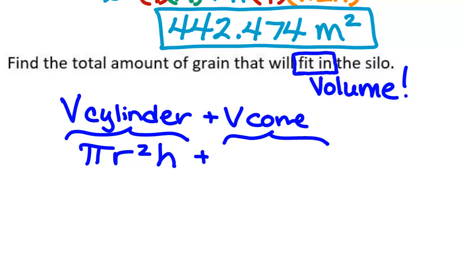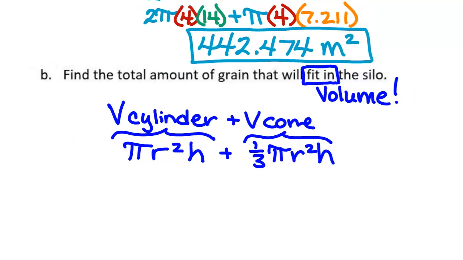What'd you say? We are going to use a pi r squared, not 2 pi r squared, times height. That's exactly the same as the cylinder. There is a difference between the cylinder and the cone formulas. 1/3. A cone is 1/3 the volume of a cylinder with the same radius and height.